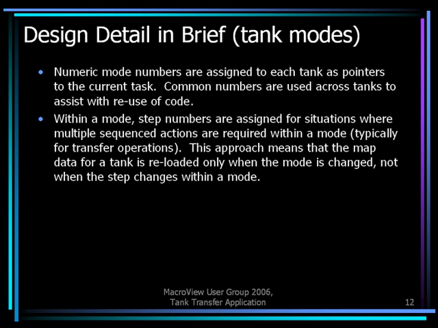In other words, a transfer operation has a setup phase, transfer phase, and a completion phase. So within modes we've allocated sub-steps to handle that. The reason for that is that we only want to reload the map personalities once on a mode change. We don't want to be doing it during the sub-steps of an operation.